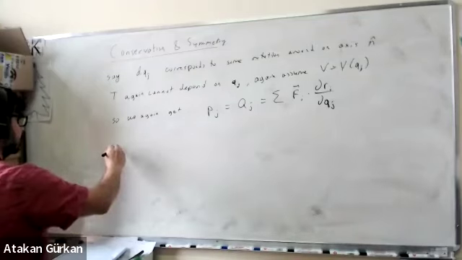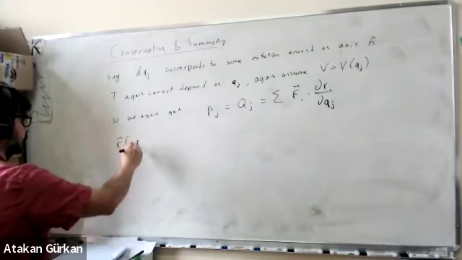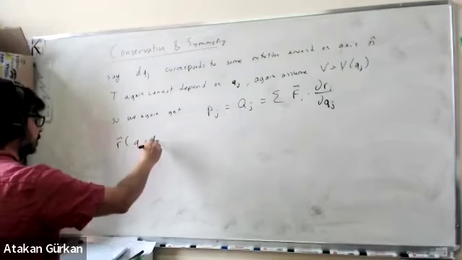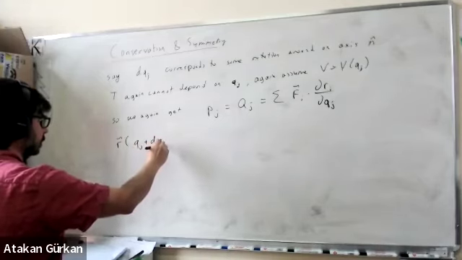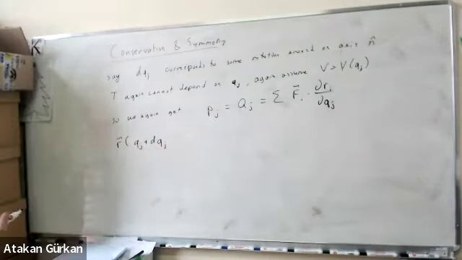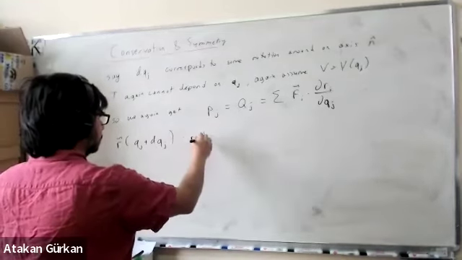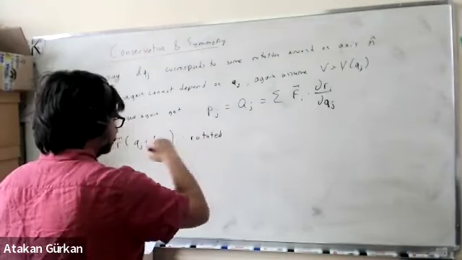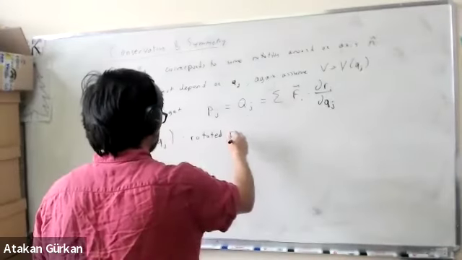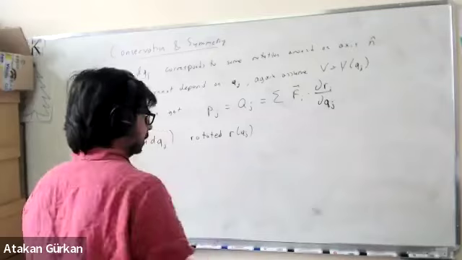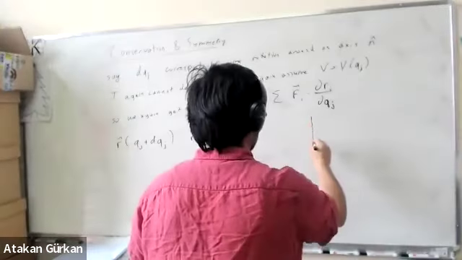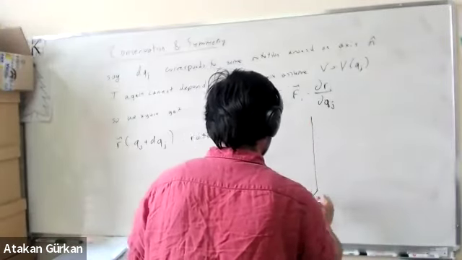So again, let's try to write an expression for r at q_j plus dq_j. So the sort of rotated positions. So this is going to be rotated r(q_j). Right, now I have to try to make it rolling here.